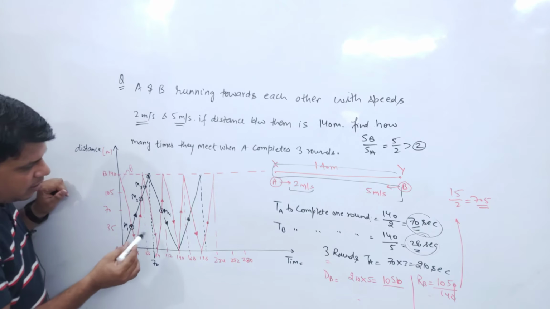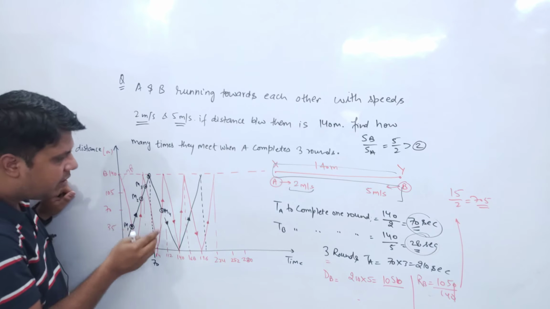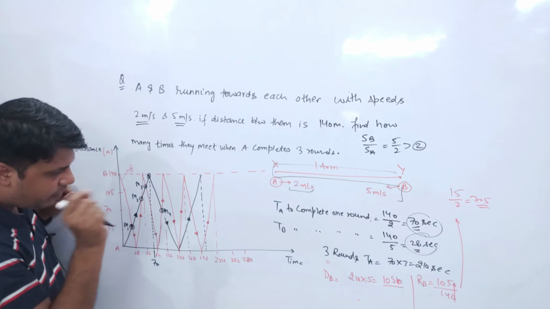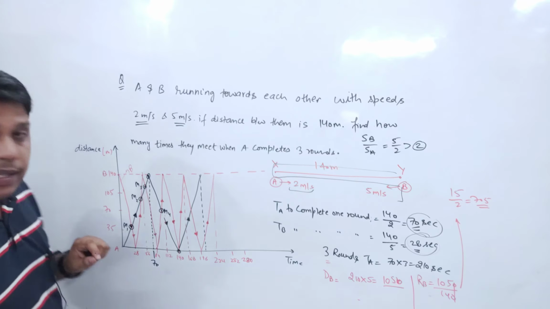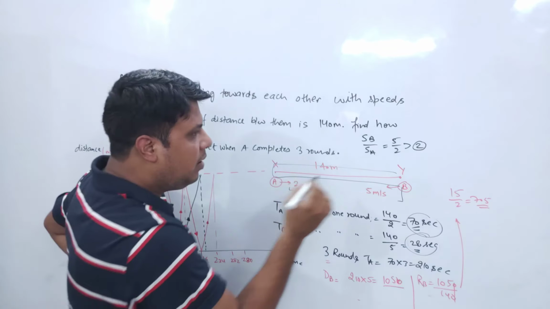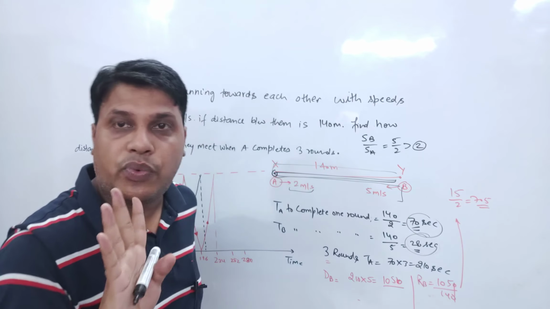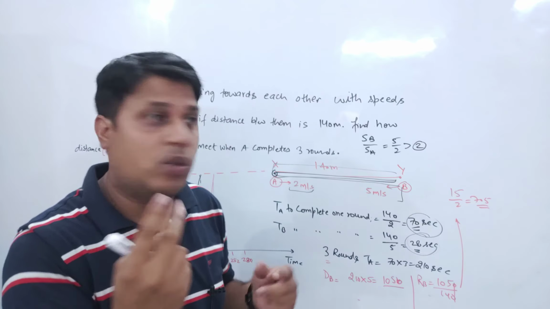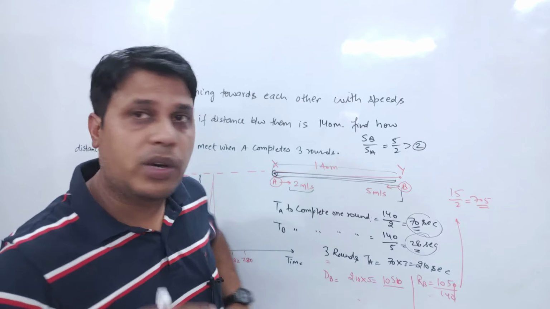Now B is coming, A is coming downwards, B is upward, so we have to just focus on A also. At this 140 seconds, both are at the same spot, because 70 plus 70, so A would be here. After 140 seconds, A will have completed only 2 rounds, so A will be at the same location from the point where it started.